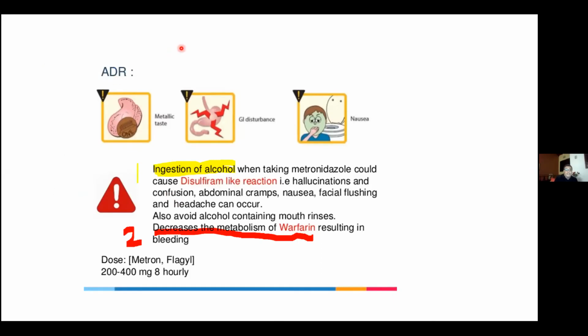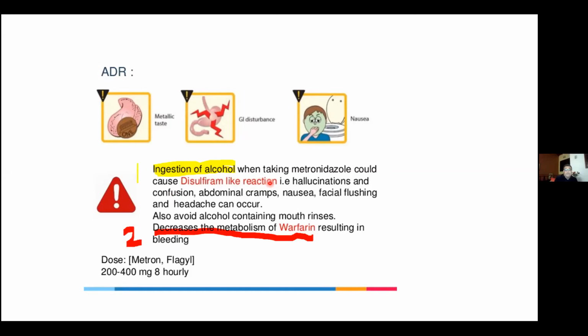The adverse reactions to metronidazole, the known ones, are a metallic taste and gastrointestinal disturbances like severe nausea and vomiting. When you take alcohol with metronidazole, you get disulfiram-like reactions.